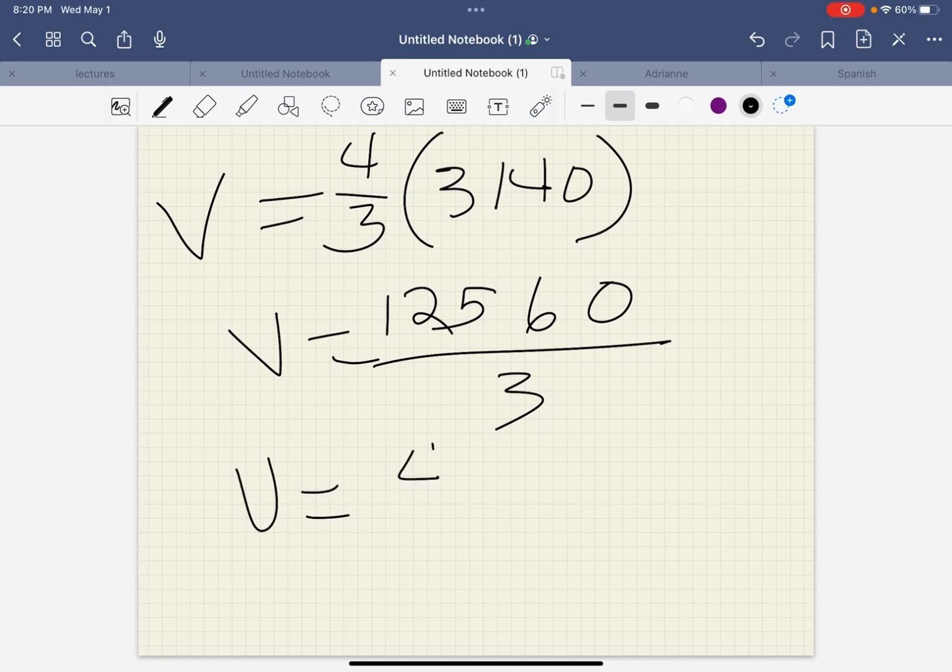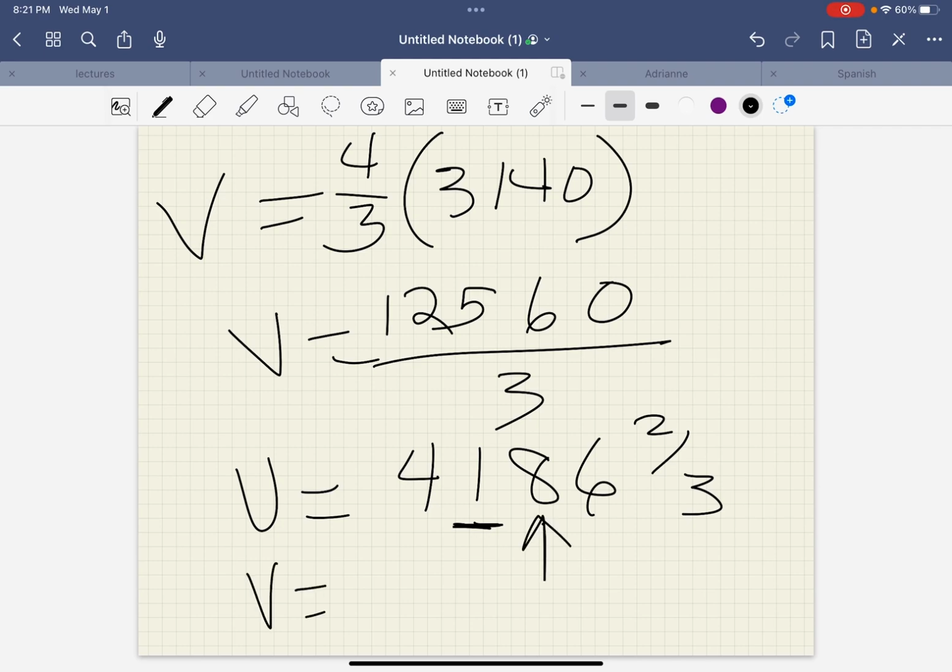See, that's 4. 1, 26 would be 8, 20 would be 6, and then there'd be 2 left over. So it wants us to round it to the nearest 100. So if you're rounding to the nearest 100, that 8 is going to change the 1 to a what? Okay, it's going to change it to a 2. So rounding it would be 4,200 cubic centimeters.